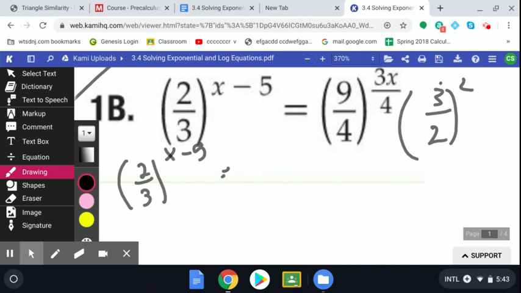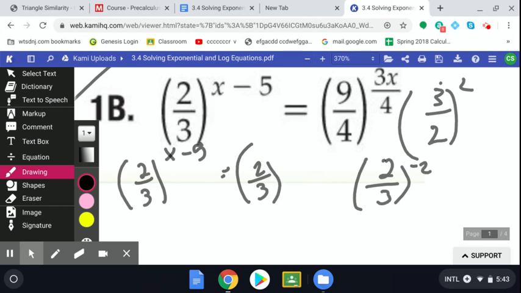So I am going to rewrite that as 2/3 to the negative 2 power. So now I can write it down here and say that this is equal to 2/3 to the negative 2 power, and that whole thing can be raised to 3x over 4. So now I'm in good shape.